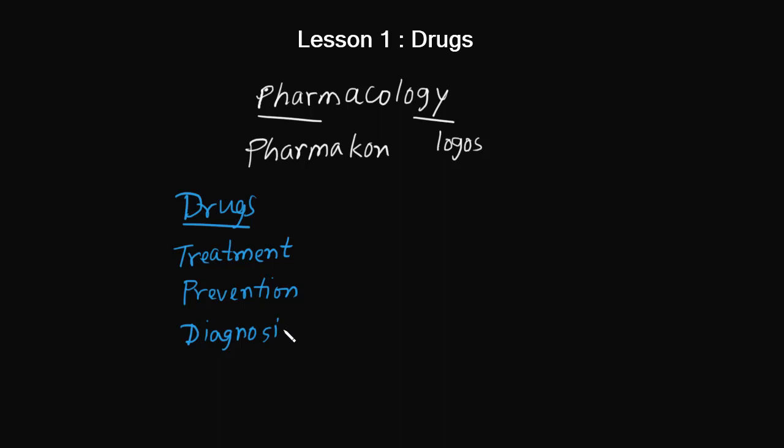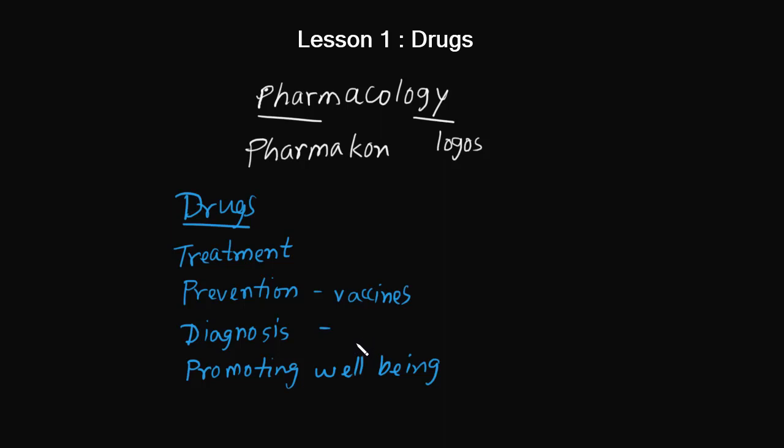So for example, for treatment we are taking Tylenol or acetaminophen, so we are trying to treat some fever symptoms or pain symptoms. And for the prevention part, we are using vaccines, so these are also drugs. Say we are taking flu vaccines to avoid flu. And for diagnosis, we are using one kind of chemical.